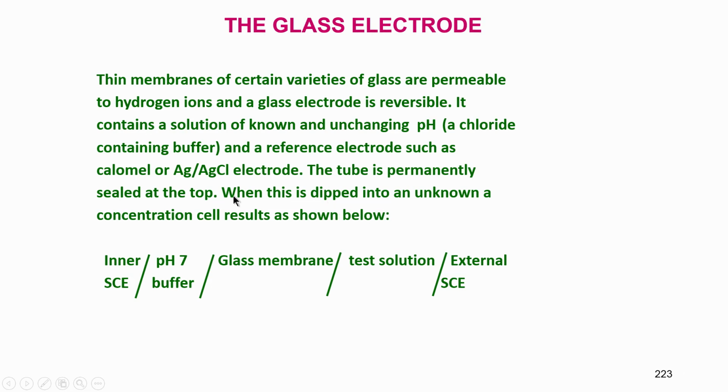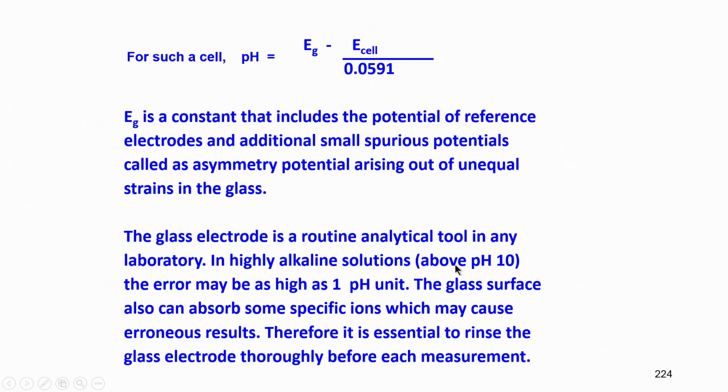The tube is permanently sealed at the top. When this is dipped into an unknown solution, a concentration cell results like this. This I have already shown you: inner calomel, pH 7, glass membrane, test solution. Externally, I can put a silver chloride electrode here and a silver chloride electrode here and measure the pH.